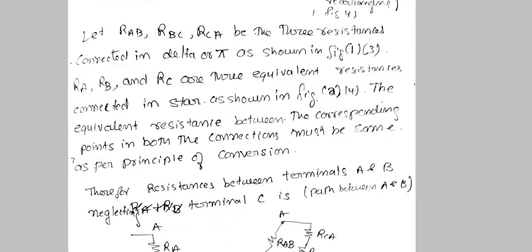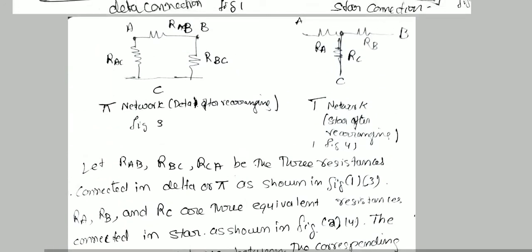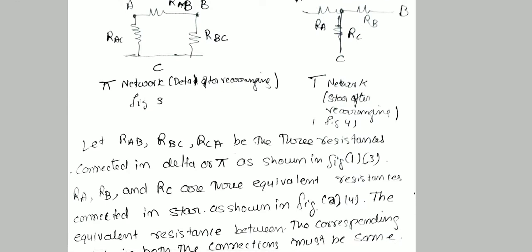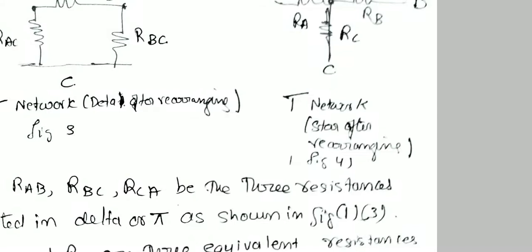Now, if we want to convert a delta network into a star network or a star network into a delta network, the resistance between any two terminals should be the same. The resistance between A and B, between B and C, and between C and A should be the same after conversion.